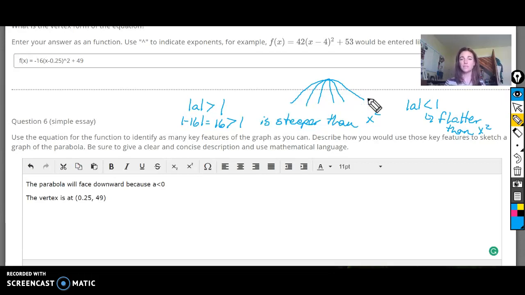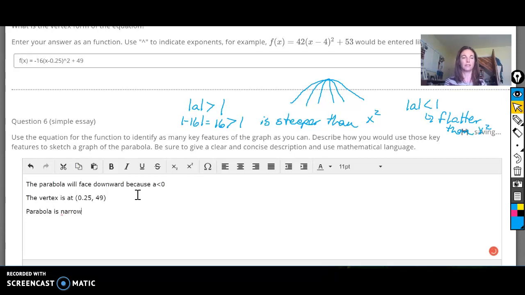So in this case, we can say that our parabola is narrower than x squared because 16 is greater than 1.